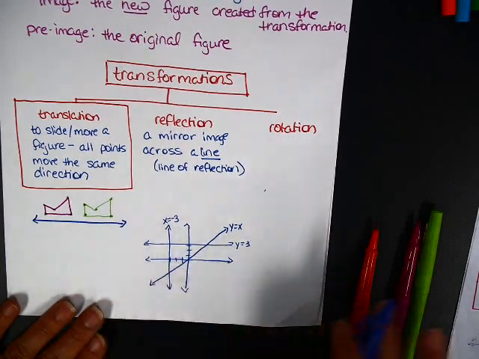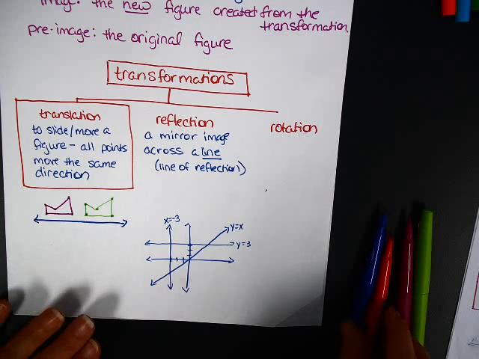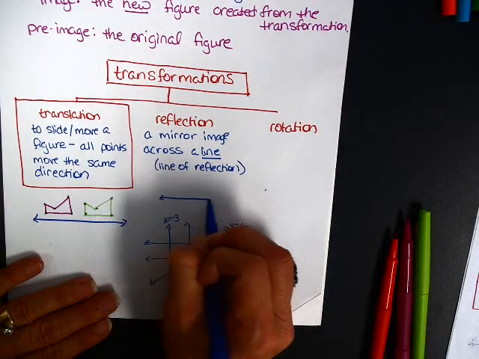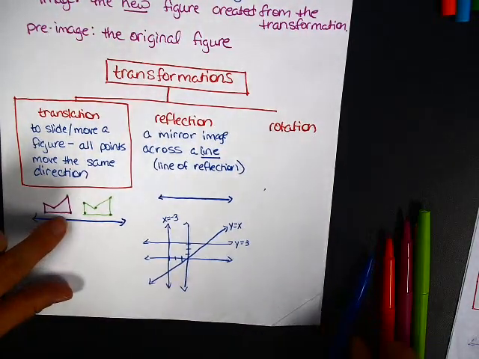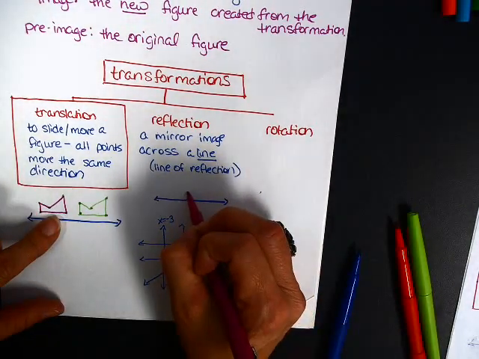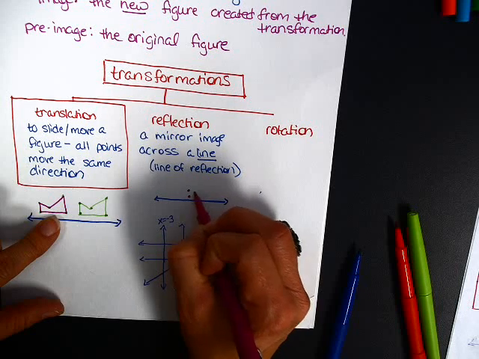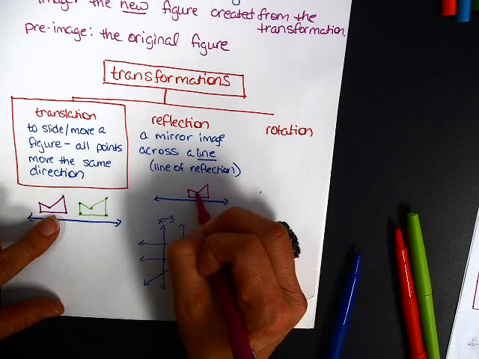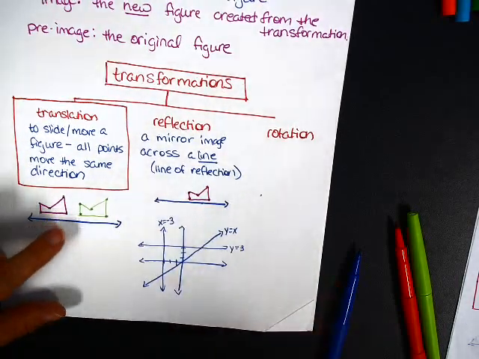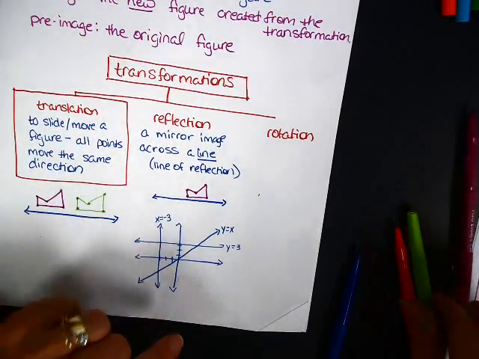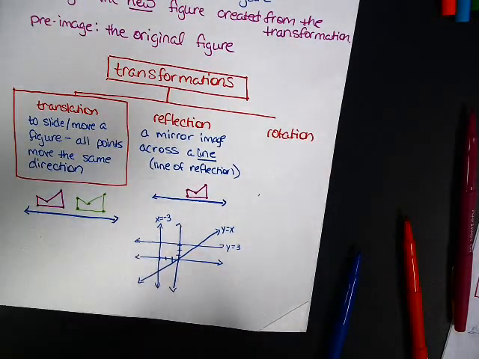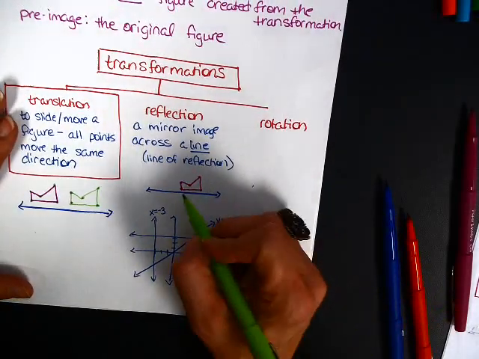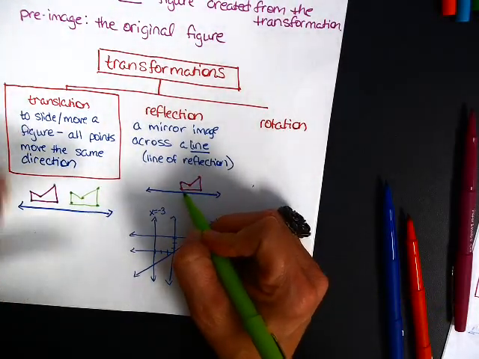So many different ways to reflect across a line, but to practice, I want to do a little line here, and I'm going to draw the same image as best as I can. And I'm going to reflect it across this horizontal line. Now, one thing that I like to do when it's a reflection is just count how far I am to that line, because every point's going to be the same distance but on the opposite side.